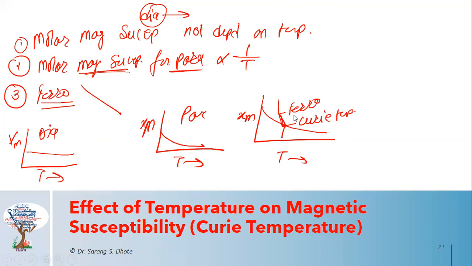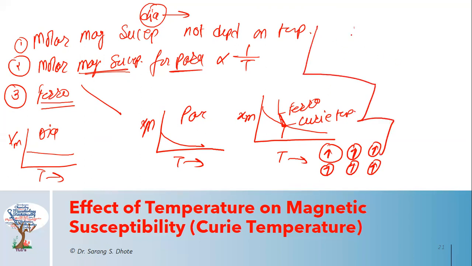Why is it so? Below this Curie temperature, there is parallel alignment of the neighboring spins. That means यहाँ पर सभी जो spin होते हैं parallel हो जाते हैं. Now, in case of antiferromagnetism, this point indicates antiferromagnetism.